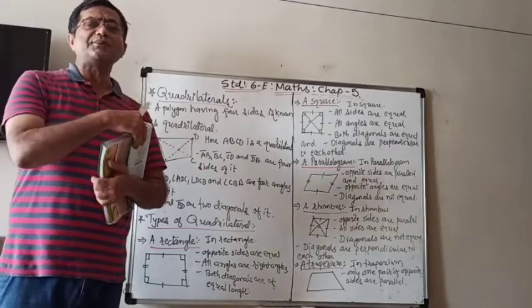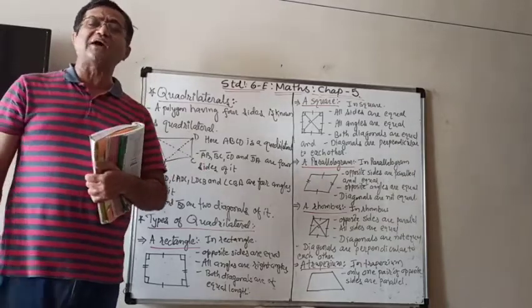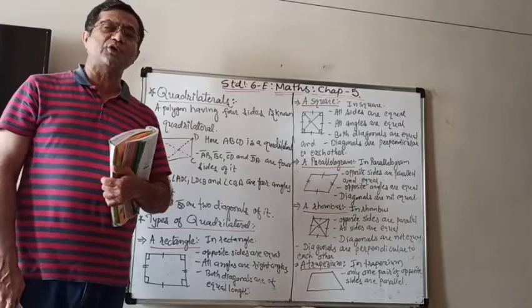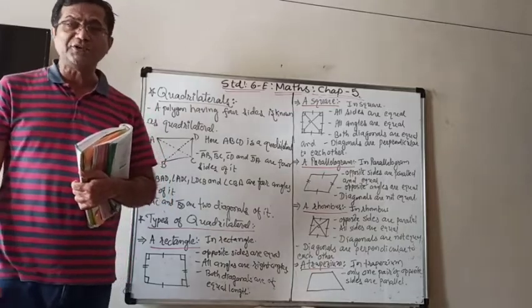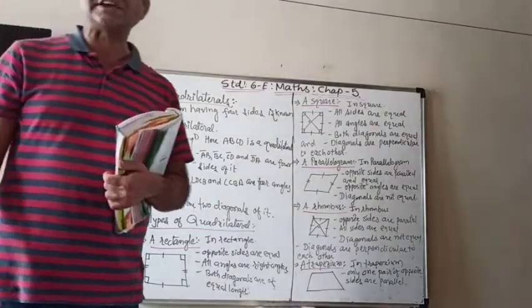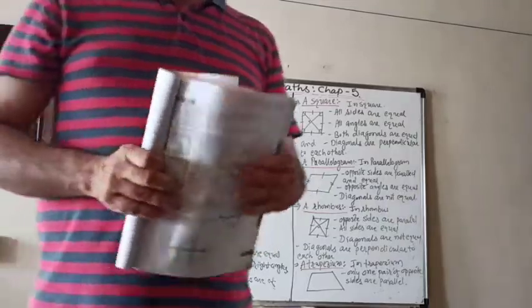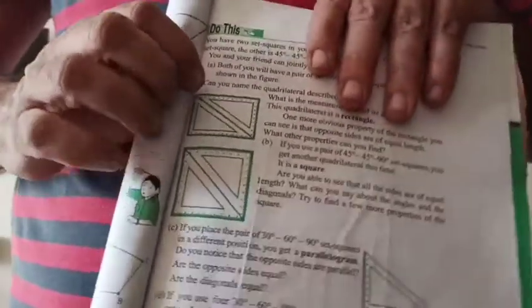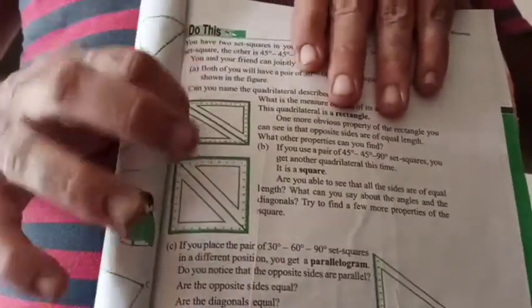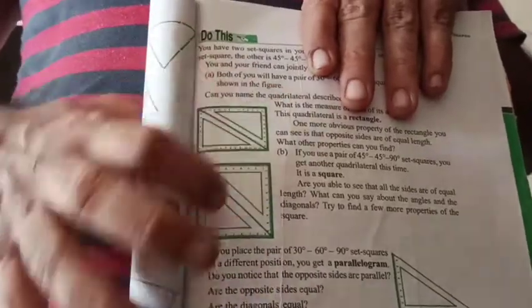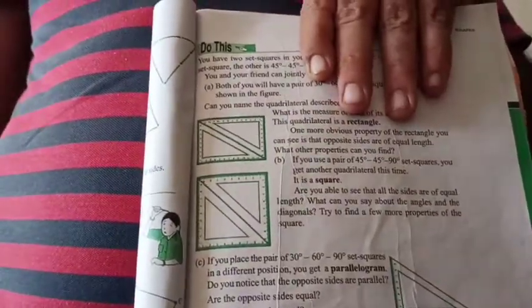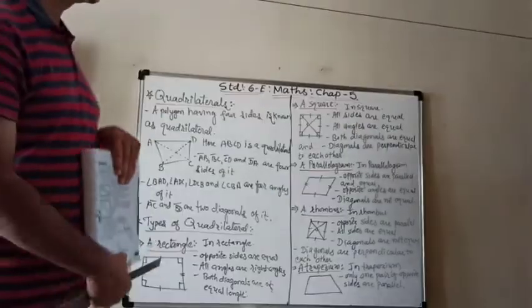Now, if you have set squares in your compass box, and if you take two bigger set squares and arrange them like this, with the two bigger sides together, then you will get this type of figure, and it looks like a rectangle.